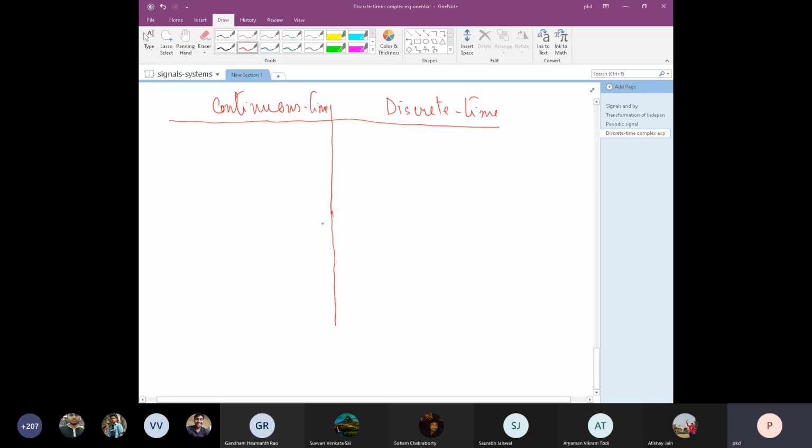Now, generally in this course, of course, we are considering time, and we shall see certain properties are unique with respect to time, which are not required if we take any other variable. So in the continuous time, we write exponential of j omega naught t. In the discrete domain, we write exponential of j omega naught into n.